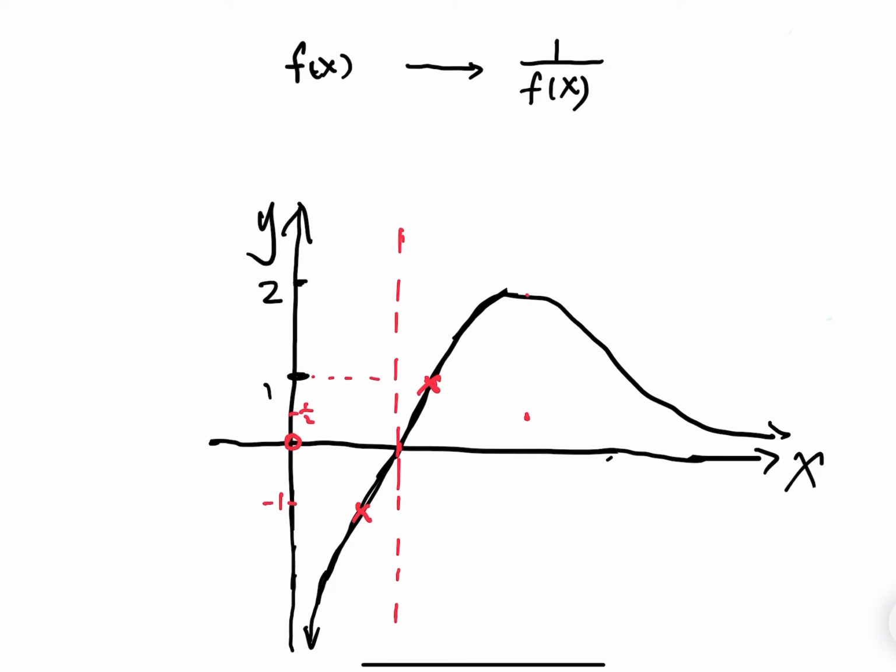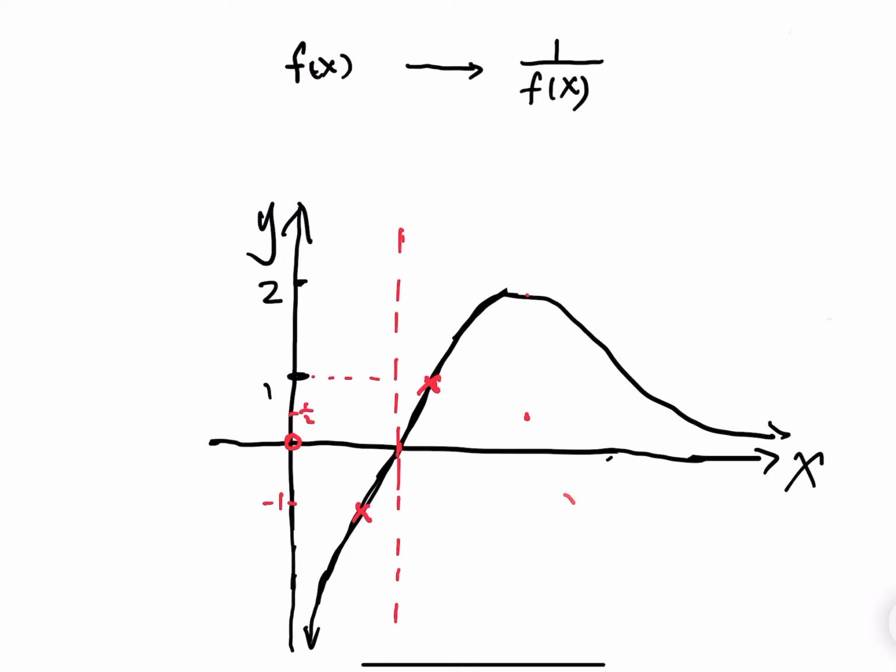And the last rule: if the curve was above the x-axis, it remains above; below the axis, remaining below. But if the curve was increasing, you turn it into decreasing, and decreasing turns into increasing. That's all the rules you need to follow. So let's do the first half of the curve.